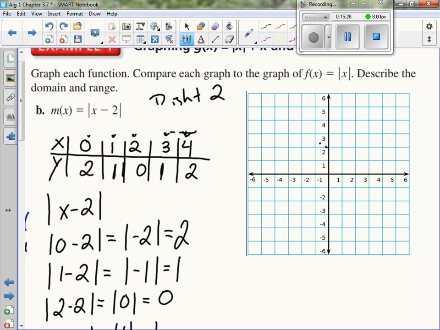I would just go up 2, because that would be 0, 2. 0 on the x, 2 on the y. Our next one is 1, 1, so we'd go over 1, up 1. Our third point is 2, 0, so I would go over 2 on the x, and we wouldn't go anywhere for the y. Then our next one is 3, 1, and 4, 2. So these here would be our 5 points, and it kind of gives us an idea. It gives us that V shape, yes?